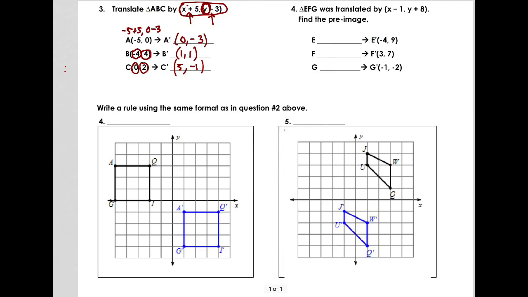So basically, if you have the pre-image and you're looking for the image, just follow the rule's instructions. Now in number 4, it's a little bit different because basically you have the aftermath. You have to realize you have the image. So whatever numbers we put here, this rule has to be able to happen to those numbers and get these numbers.